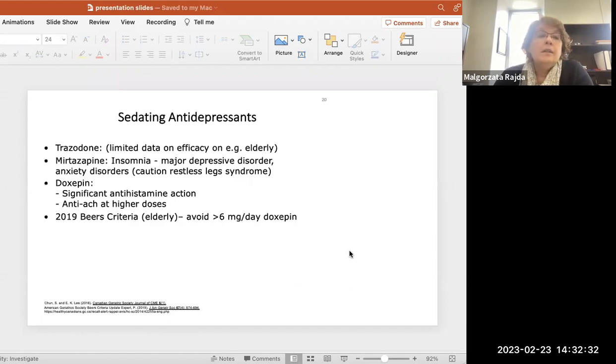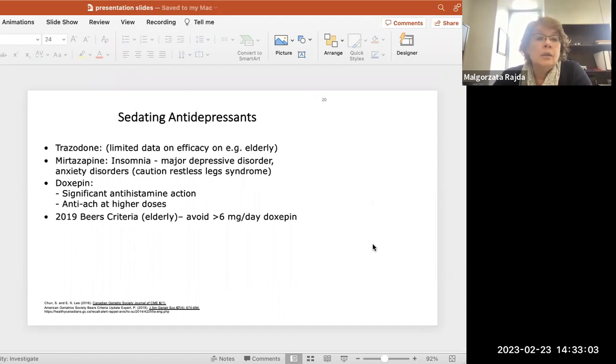With respect to antidepressants, so far there is very limited data on efficacy in general and even less on use in elderly. Those traditionally used would be trazodone, mirtazapine is commonly used, and more recently we have doxepin in low doses, 3 to 6 milligrams, and that is based on the antihistamine action.